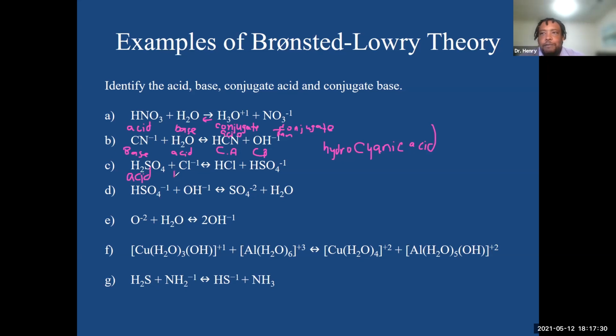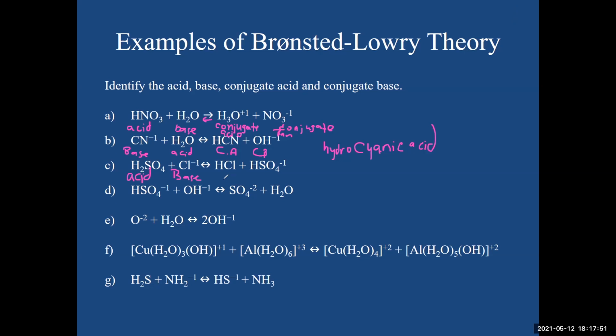Then the base would be, I don't know. What chloride? I don't remember the naming convention. Chloride ion. Okay, now what about the conjugate acid and the conjugate base? Wouldn't the hydrochloric acid be the conjugate acid? That's right.